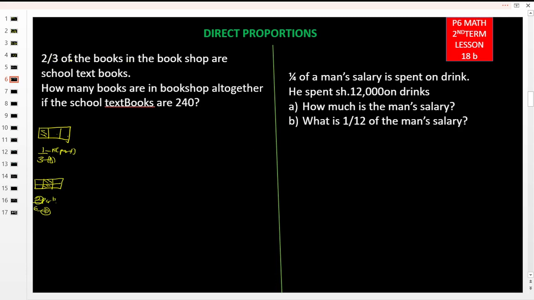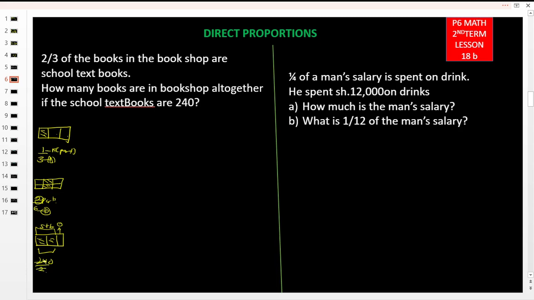Meaning that now the bookshop was divided into 3 sections. These two sections were for school textbooks, and this was the remaining section. These 2 sections have 240 books, so we have to know how many textbooks each section had. We are going to divide by 2.